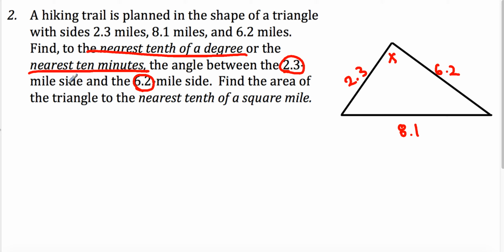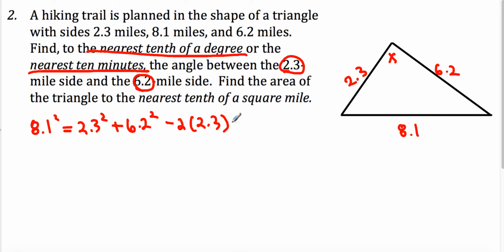Now how are we going to find it? Since we are looking at three sides and an angle, we'll be using the law of cosine. So 8.1 squared is equal to 2.3 squared plus 6.2 squared minus 2 times 2.3 times 6.2 times cosine of x. Notice that the side opposite the angle is on the other side of the equation.